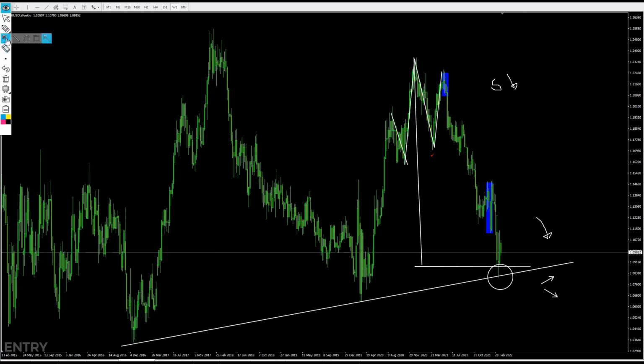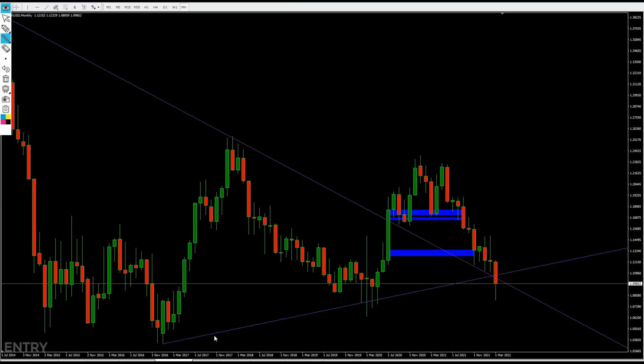Let's go over to the monthly chart. On this monthly chart, try drawing this trend line from this pivot to this pivot right here. Whether price this month will break out of this trend line is a key event I'm looking at. However, more important than that is how next month's price reacts after this breakout.